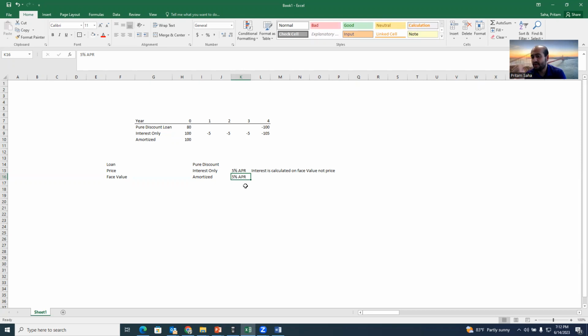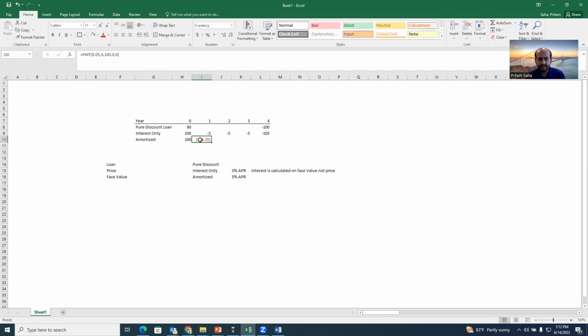Principal means the face value. So at the end of the period, the borrower has paid everything. That means each period we have to make a constant payment. So rate should be 0.05, NPER should be 4, present value should be 100, future value 0, type 0.